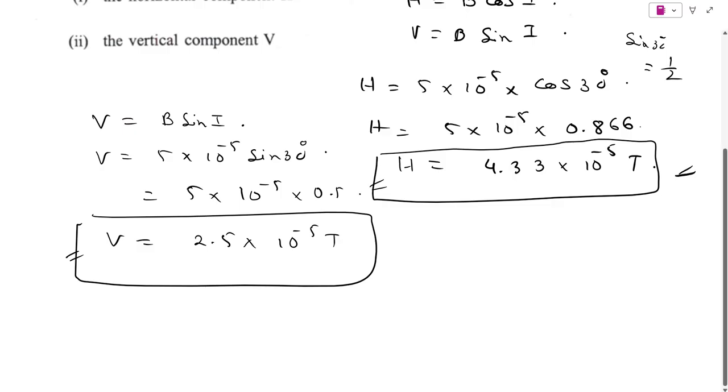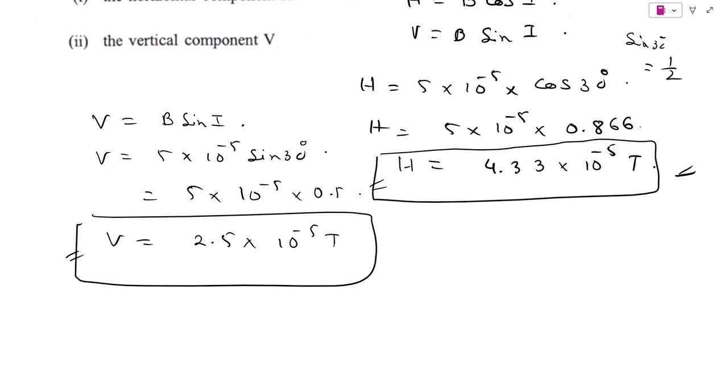The vertical component becomes very important in magnetic anomaly interpretation. It provides information about buried magnetic rocks, igneous intrusions, ore bodies and geological structures. In magnetic surveys, both components are analyzed to identify subsurface mineral deposits.